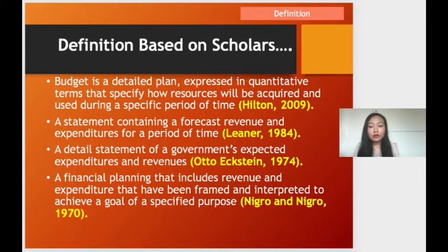Next one, Otto Eckstein, 1974. Public budget is a detailed statement of a government's expected expenditures and also revenues. Right, last but not least, by Negro and Negro, 1970. Public budget is a financial planning that includes revenue and expenditure that have been framed and interpreted to achieve a goal of a specified purpose.